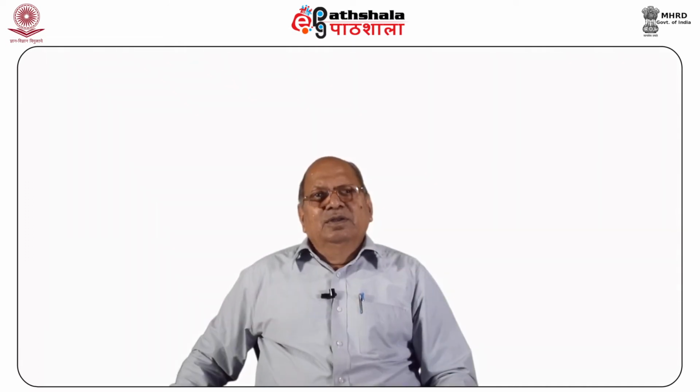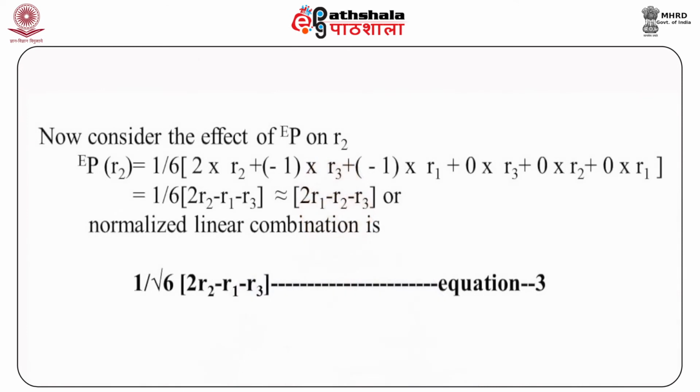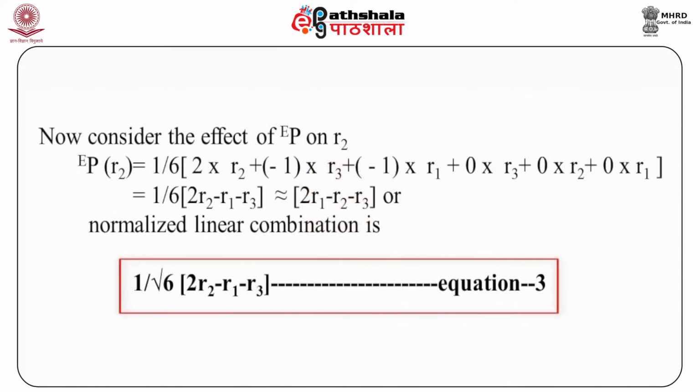Now let us consider EP on R2, and after operating this EP on R2, we get the result as 1 upon under root 6 2R2 minus R1 minus R3, as shown in equation 3.